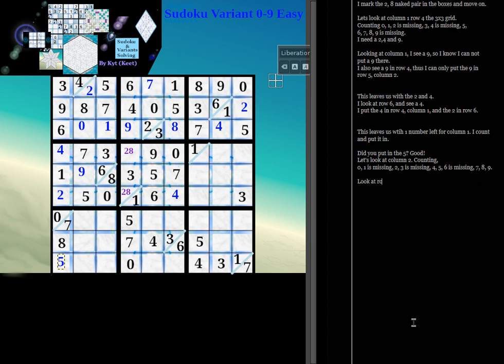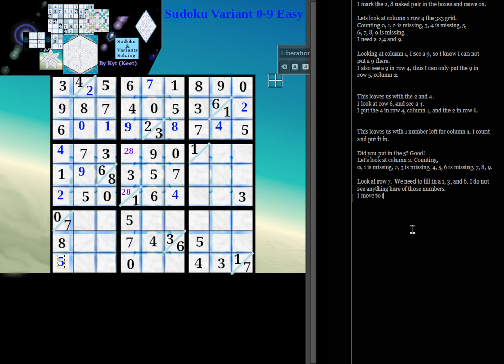Now look at row 7. Now we need to fill in a 1, 3, and 6. I do not see anything here of those numbers.